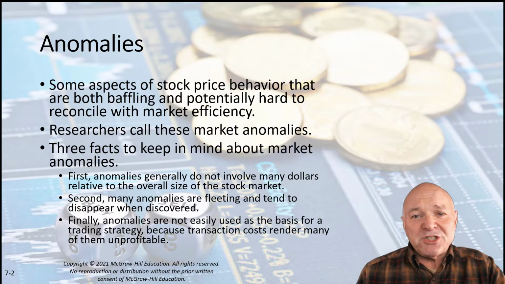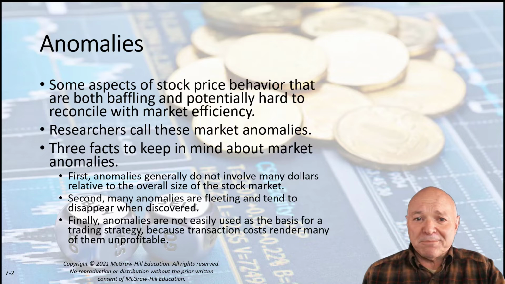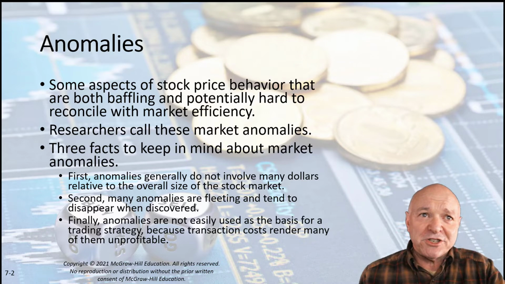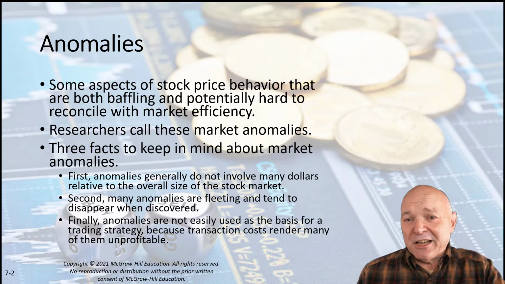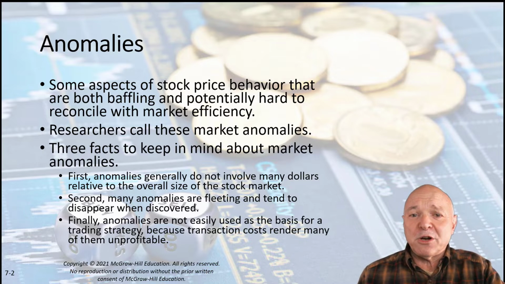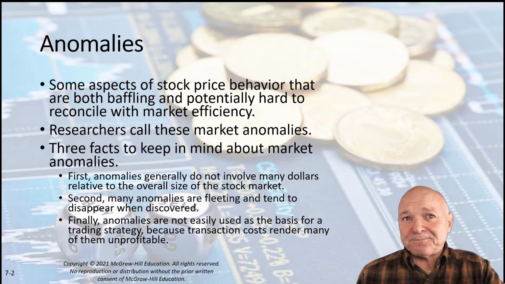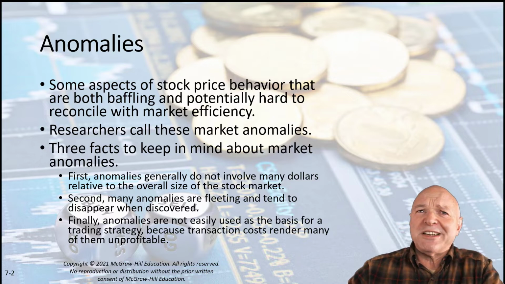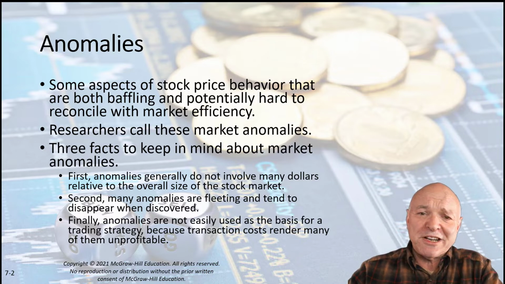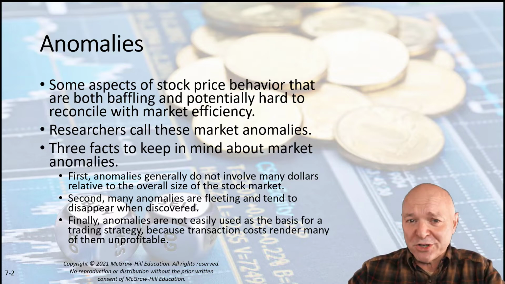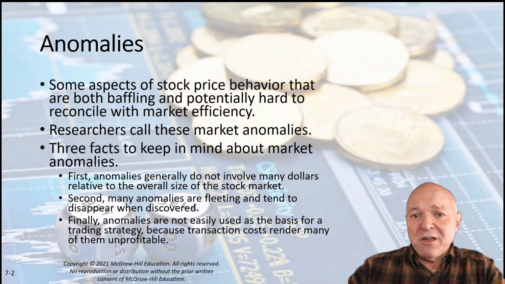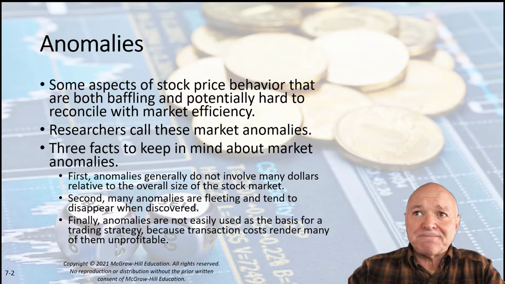First, they generally do not involve a lot of money, not in terms of the general size of the market. Secondly, when we do see anomalies, they tend to be fleeting and disappear once they're discovered and investors start to take advantage of them. Finally, anomalies are not easily used as the basis for a trading strategy because the transaction costs incurred to exploit them may actually outweigh the benefits.